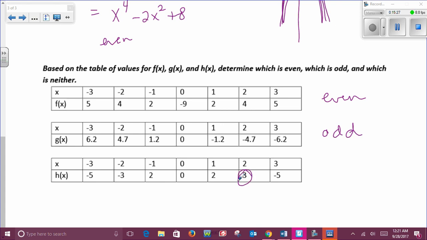This one either should be negative, or this one should be positive. So this is neither even nor odd. And if you're unsure of those, you can put them in the graphing calculator and graph them and see which one reflects over the y-axis or reflects through the origin. Okay, I hope that helped you out, and we'll see you in class tomorrow.